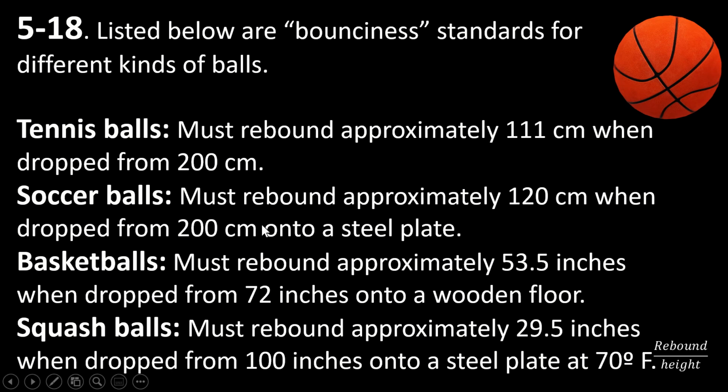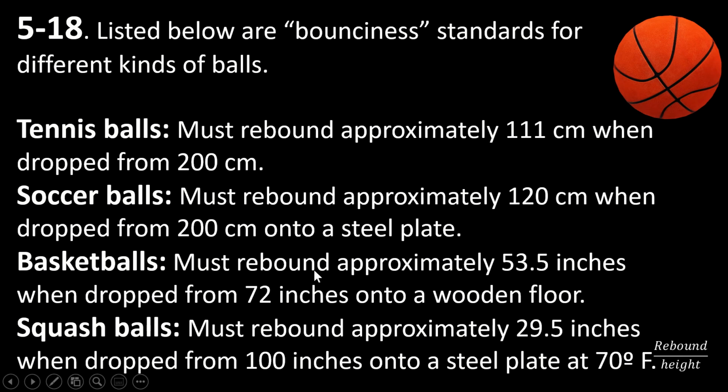A soccer ball must rebound approximately 120 centimeters when dropped from 200 centimeters onto a steel plate. So that's an interesting distinction there. You don't even play soccer on a steel field, but it has to rebound 120 centimeters. So you drop it at 200 and it has to come back up to 120.